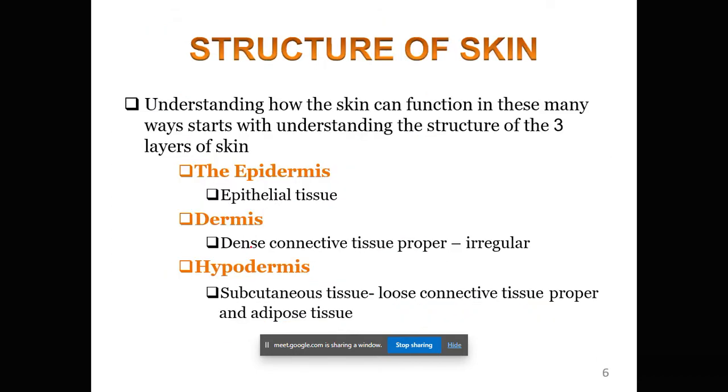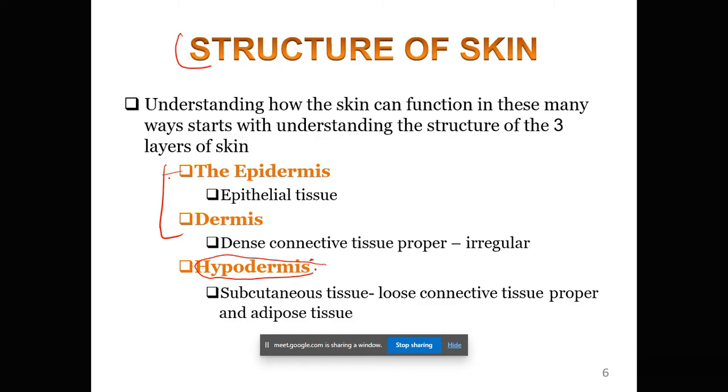Okay, so let's study the structure of skin. Structurally, the skin is made up of mainly two layers, that is epidermis and the dermis, and the third layer we actually don't count as part of the skin, but we have to learn what it is.